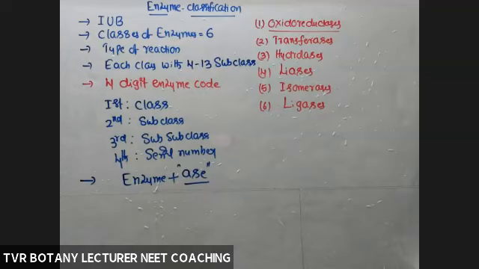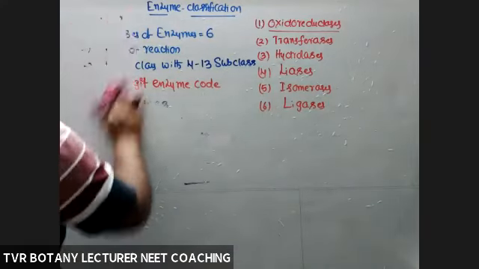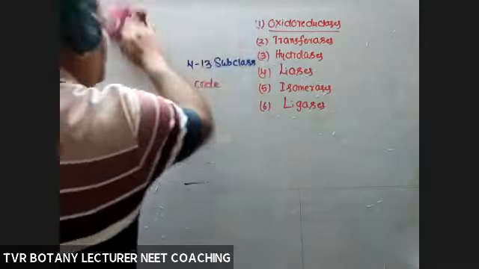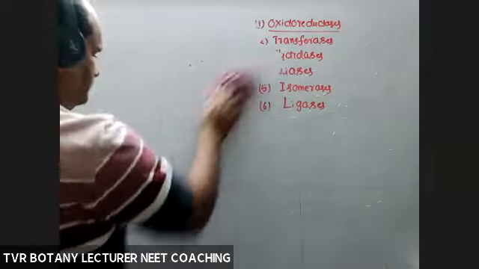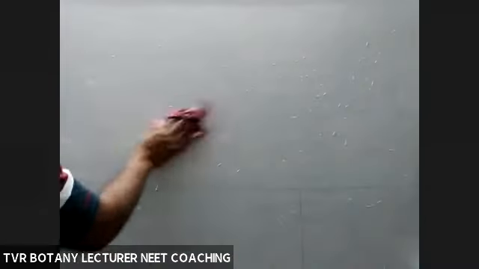Now what about the role of all these enzymes one by one? First one, oxidoreductases. Oxidoreductases means they are concerned with oxidation of substrates, usually involving transfer of hydrogen atoms.